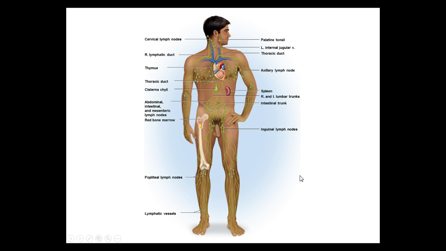Okay, so let's look at lymphatic vessels. Let's look at the flow of lymph through these vessels. Well, the green on this diagram depicts our lymphatic vessels, and we know that the capillary level we can't see, so that's there as well.